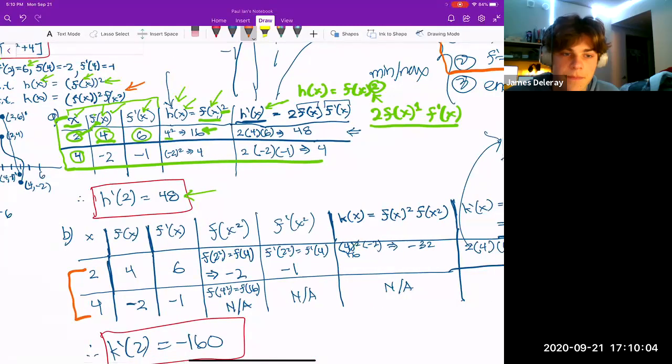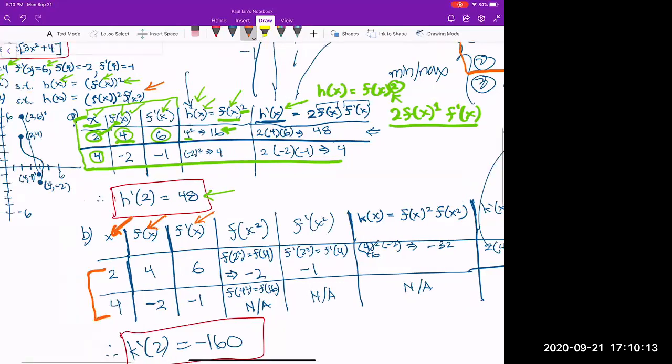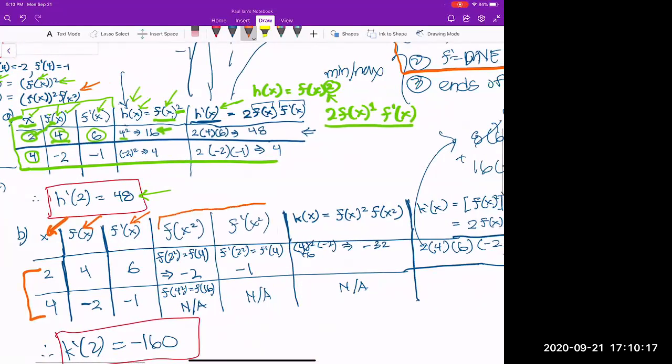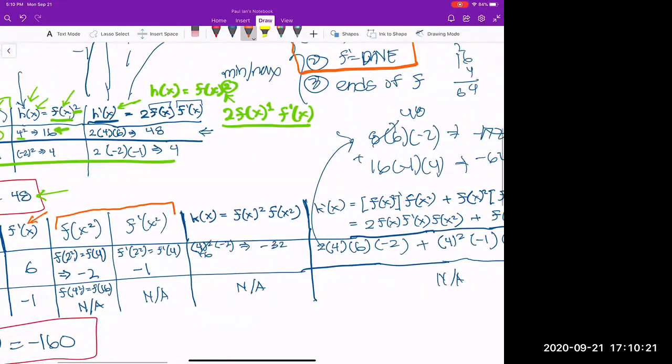So you still have x, right? And f of x, and then f prime. Those are given. But these you have to figure out that you actually have to get them, but it's not as obvious until you take a look at this guy. So I guess I'll explain this guy first.